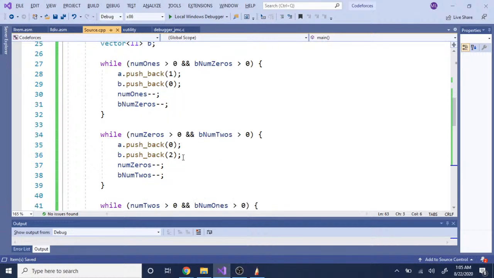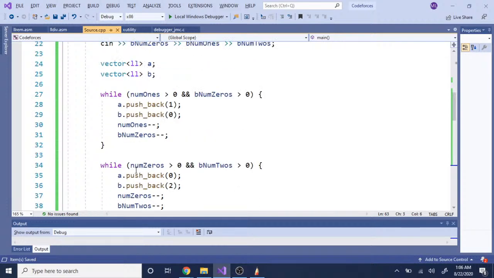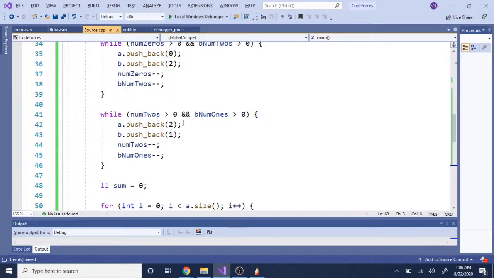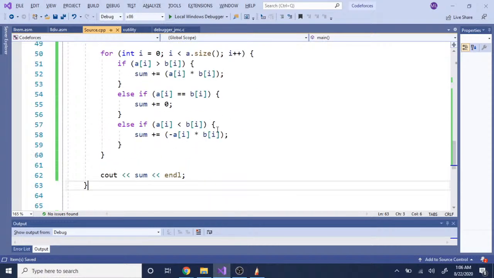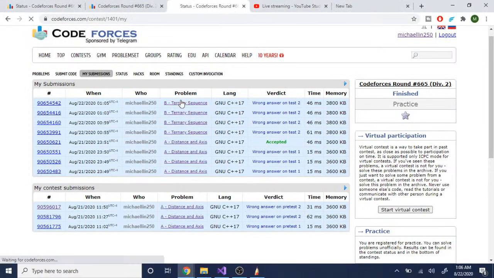Pair 0s and 1s, 0s and 2s. Push 1s and 0s, push 2s and 1s. I don't know what I'm doing wrong.